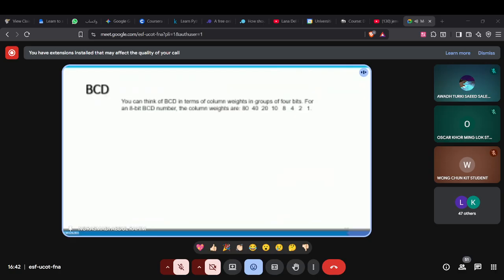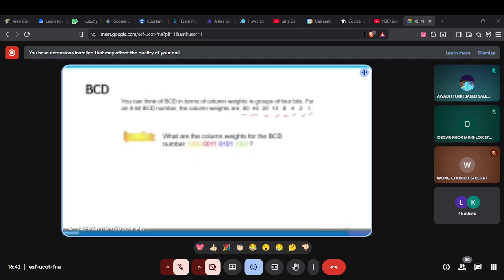So you can think of BCD in terms of column weight in groups of 4 bits. For an 8-bit BCD number, the column weights are like this. They start from, for example here, 1, 2, 4, 8 for 4 bits. Then after that, the second group becomes 10, 20, 40, 80.